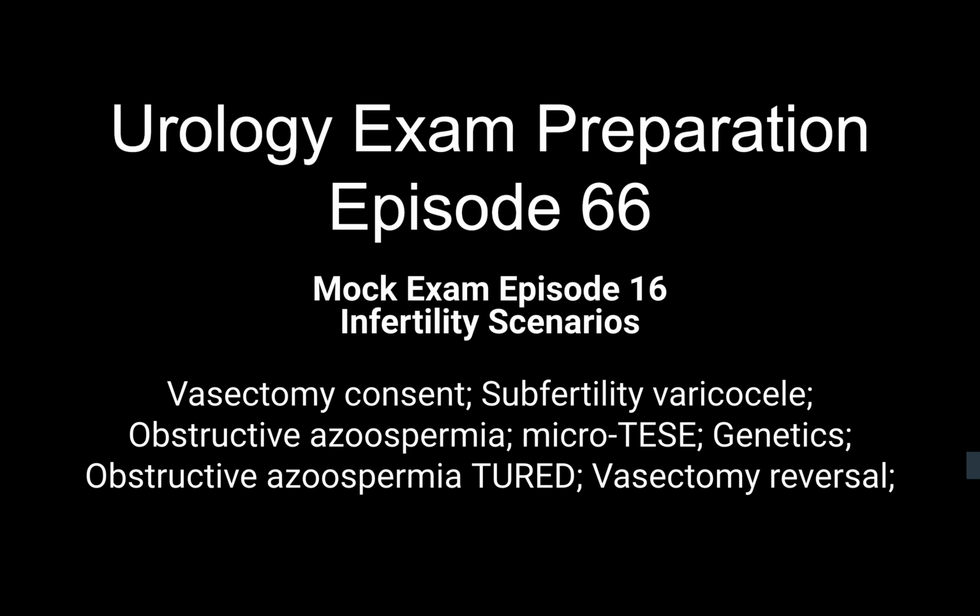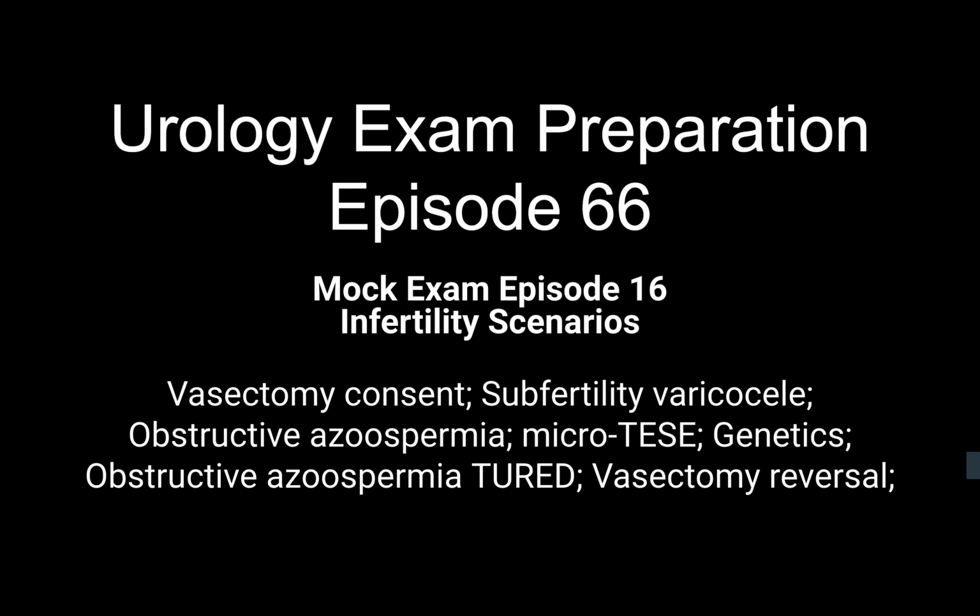The procedure can be either under local or general anesthetic. He will have two scars on his scrotum. We will dissect the bilateral vas, isolate it, and remove it. In my practice, I usually use hemoclips and also cauterize the lumen of the vas and send the dissected vas for histology.